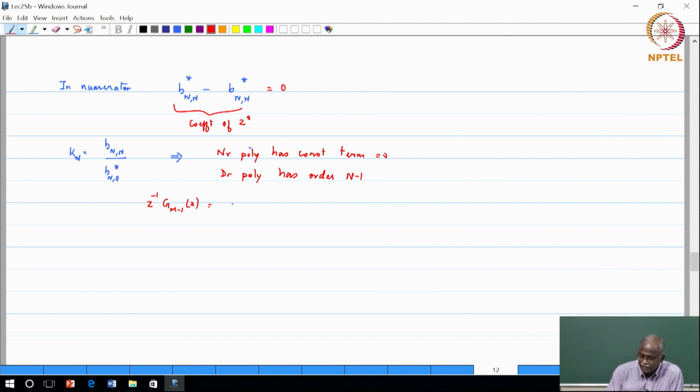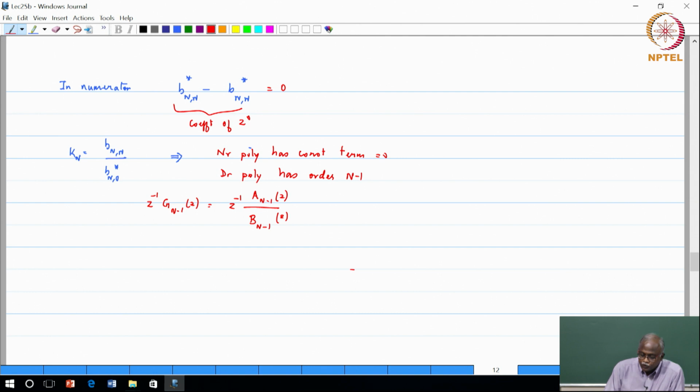So, therefore, I can write this as some z inverse divided by, it is not m, it is n, some denominator polynomial which is Bn minus 1, because it is a lower order polynomial, and the numerator is some polynomial of order n minus 1 also, because you have factored out z inverse, right, because it will have starting from z minus 1 all the way to z power minus n. If you factor out z inverse, that will also become a polynomial of order n minus 1.